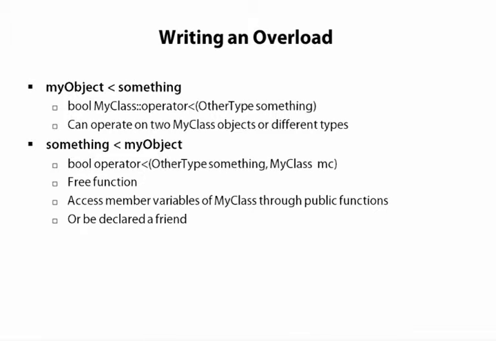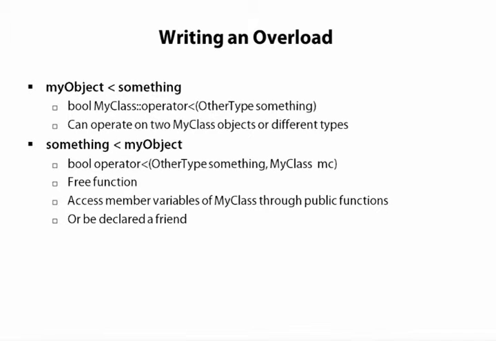What about the case where you don't own the type that's before the operator? So something that you don't own could be an integer. Nobody owns integer. Could be string. The standard library owns string. Or could just be some other class within your system but that you're not the developer of. And you want to be able to say, is something less than my object? You can't go into the other type class and add an operator less than.